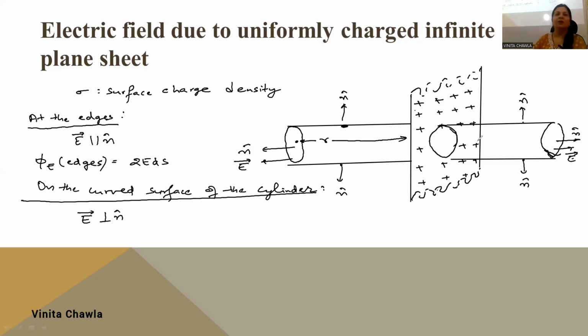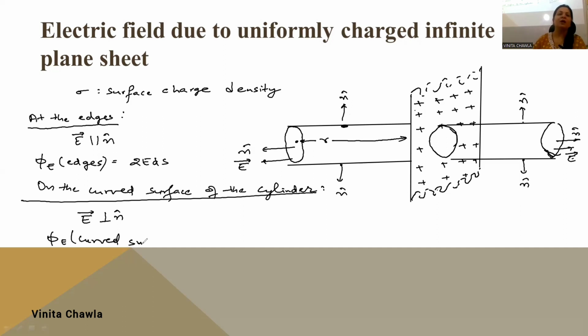You can see the area vector is pointing outward and the electric field is pointing in this direction. So vector E and n cap are perpendicular to each other on the curved surface. So electric flux on the curved surface will be 0.